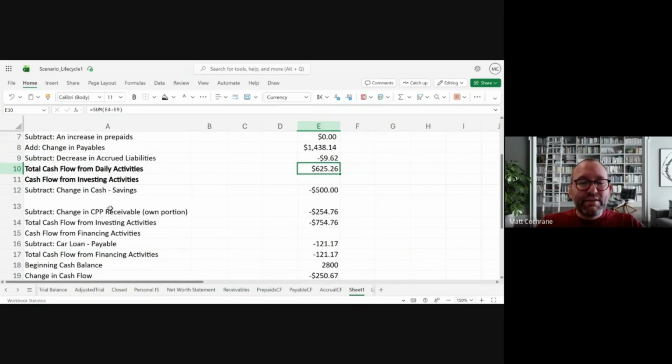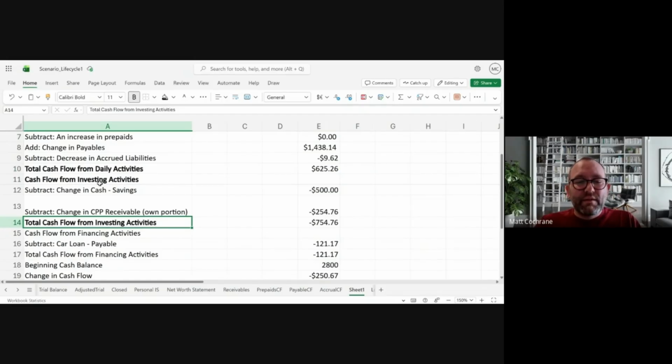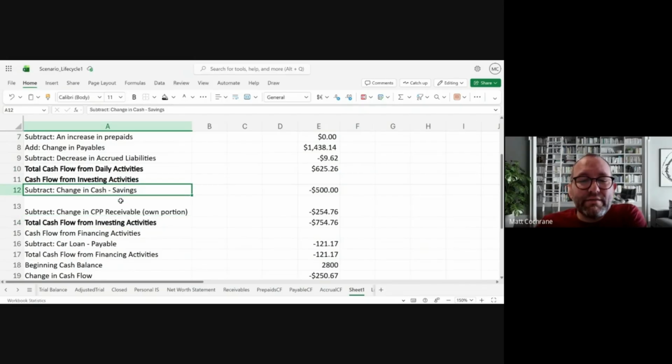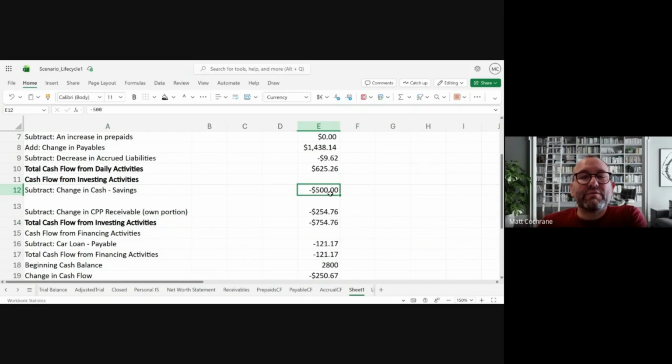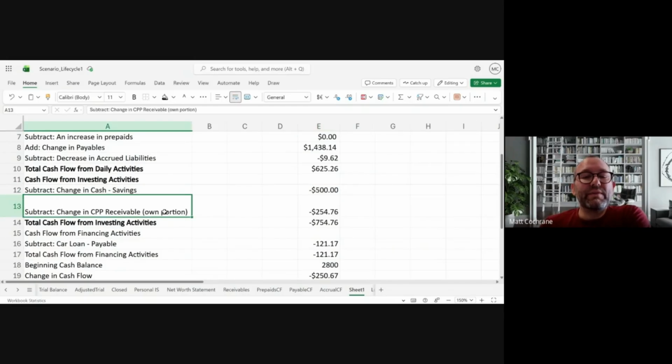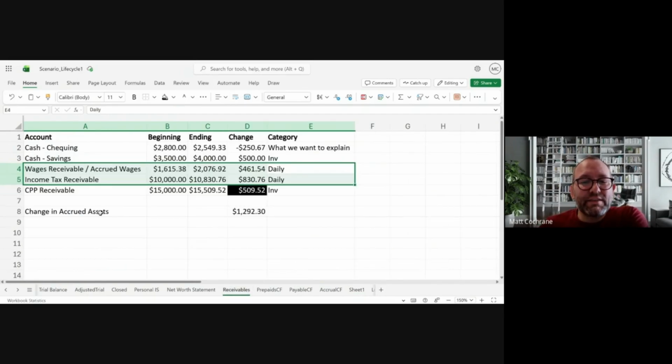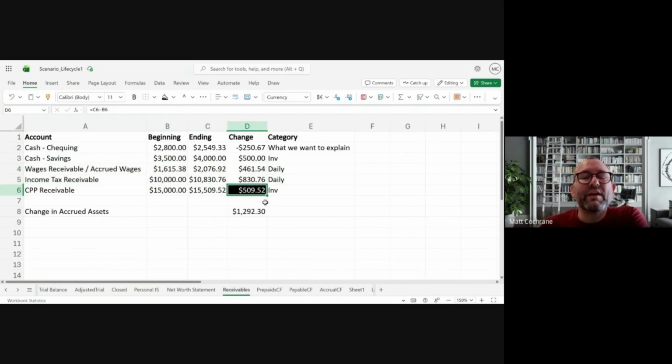The next section is cash flow from investing activities. Okay, and the two cash flows from investing activities that we have is 500. This is negative because it's a use of cash. Okay, so 500. And the change in the CPP receivable, only your own portion. So we had to take 50% of the difference of this value, this 509.52.